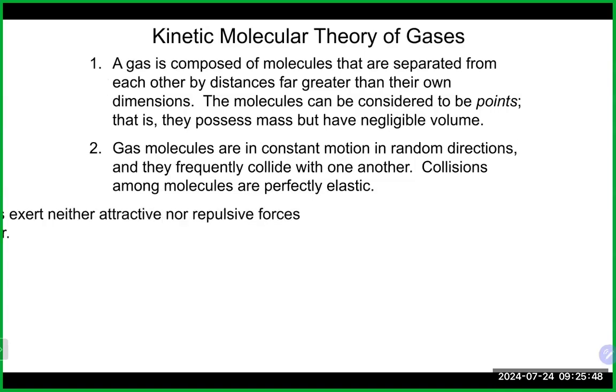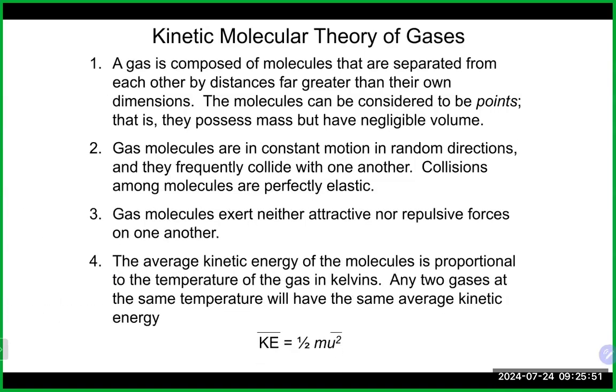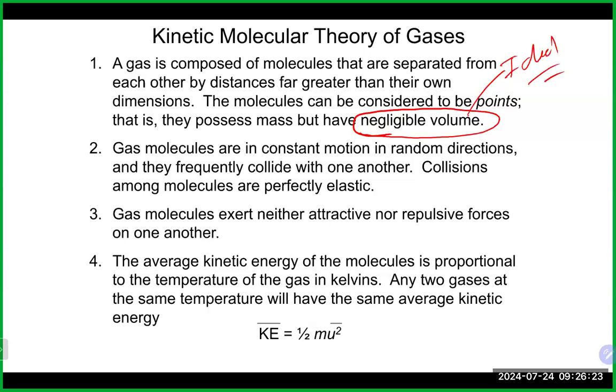So I think we'll take a look at this here. We've talked about a number of these things, but the kinetic molecular theory of gases says that gases are composed of molecules that are separated from each other at distances greater than their own size, and they're considered to be points, possessing negligible volume. As I mentioned before, this is one of the main things we think about for an ideal gas.